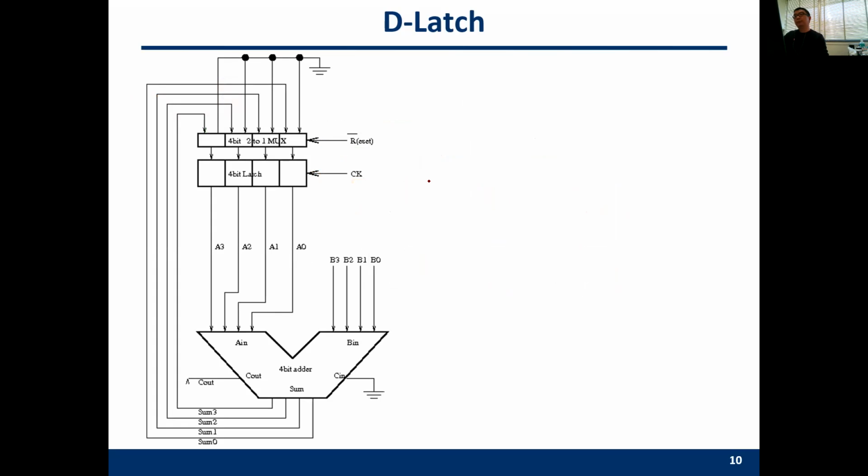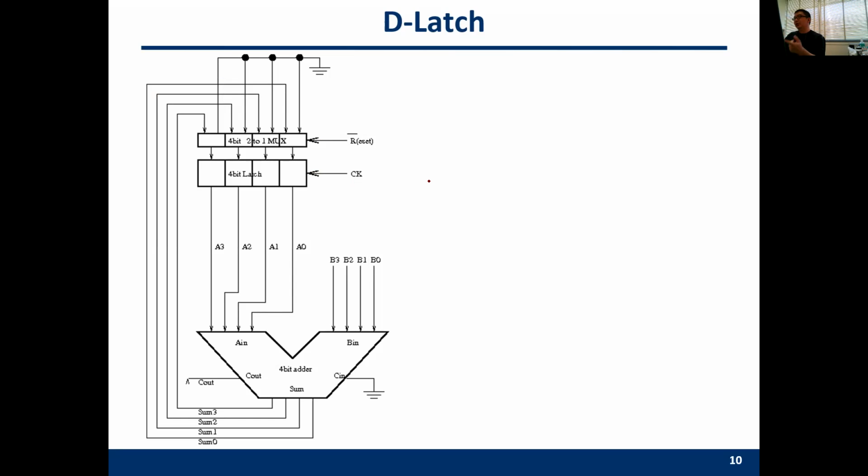So by the D latch, we can implement something new, for example, an accumulator. With a carry ripple adder, you cannot implement an accumulator with only one adder. What you can do is statically have maybe 2 adders so that you can accumulate the 2 results.